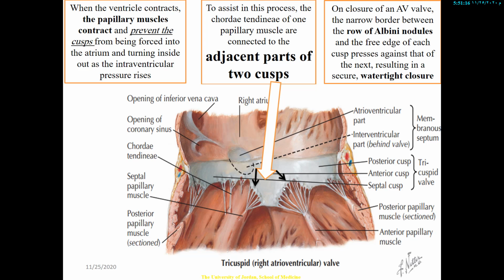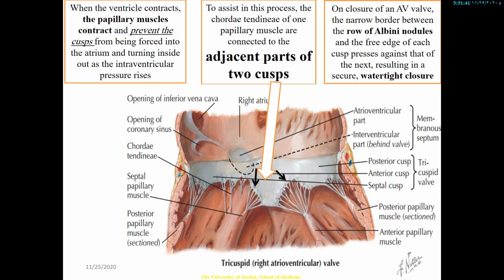What does this mean? It goes back towards the left, towards the atria. On closure of the atrioventricular valve, the narrow border between the row of Albini nodules and the free edge of each cusp presses against that of the next, resulting in a secure watertight closure.